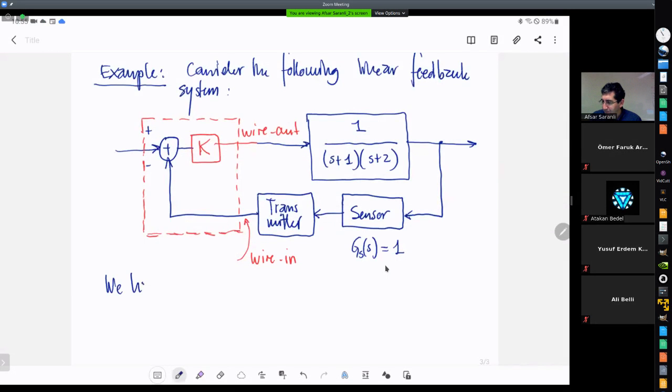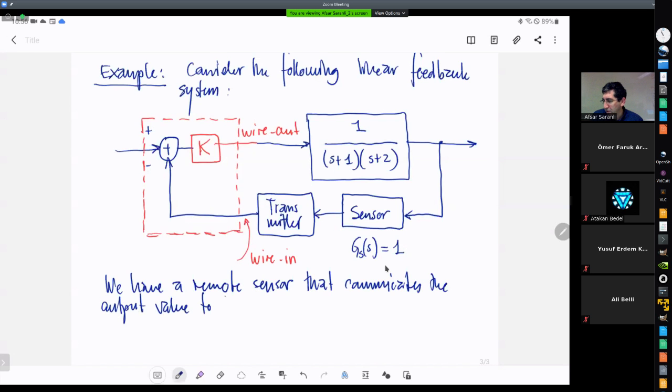We have a remote sensor that communicates the output value to the controller with a 0.5 seconds communication delay.